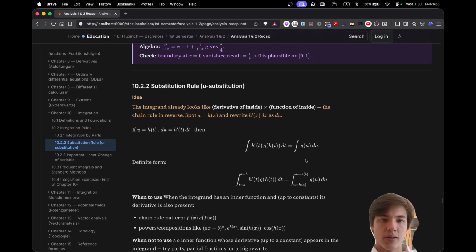Substitution rule. If it looks like some derivative times the inside times the function outside, then we can use the chain rule in reverse.